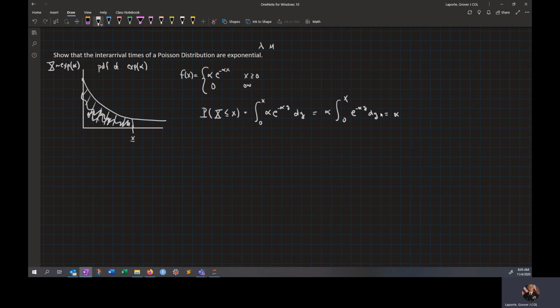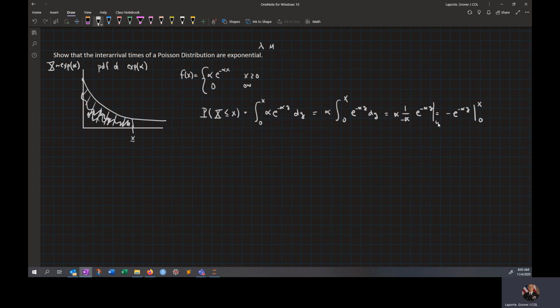When I take the antiderivative of that, I get 1 over negative alpha times e to the negative alpha y. Let me make sure, take the derivative of that, negative. Okay, yeah, that should be it. So that's just negative e to the negative alpha y, evaluated from 0 to x.